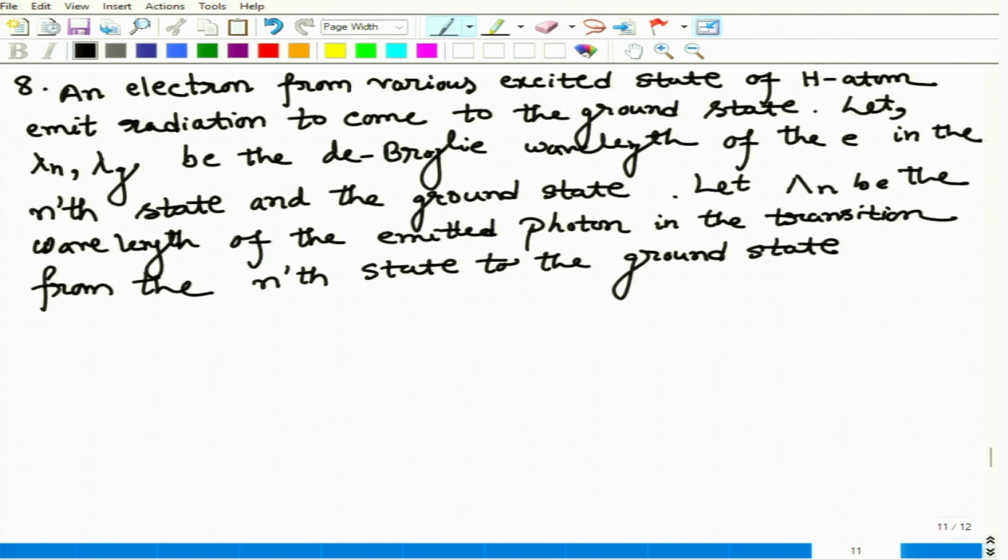Okay. Then it asks that for large n, what relation would be true?